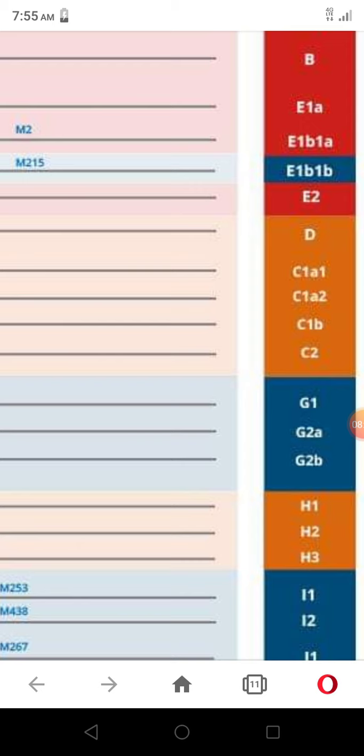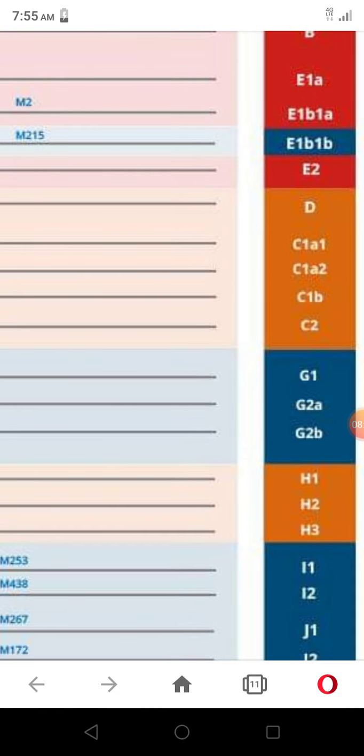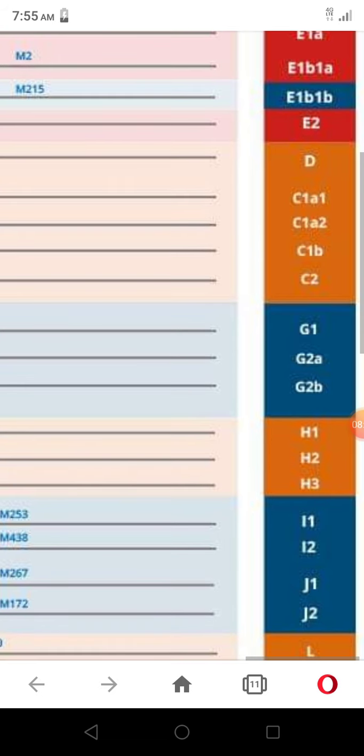You have mostly a pale complexion group of the Edomites. So we'll get into that information.